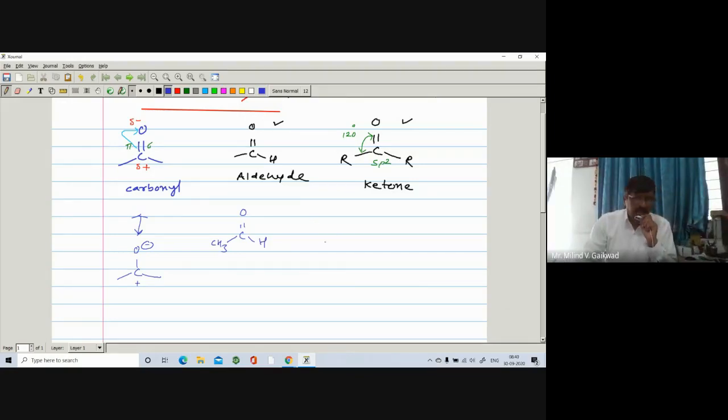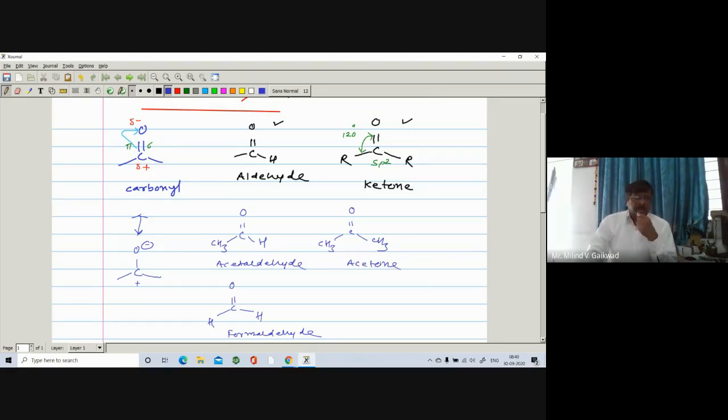Another example is acetone, CH3, C double bond O and CH3. And if both are hydrogen, then it is formaldehyde, H, C double bond O and H.